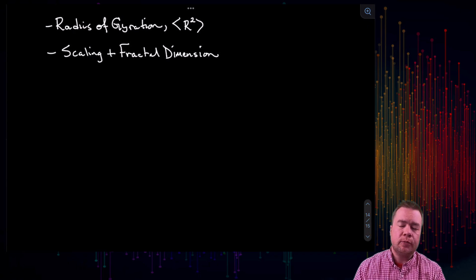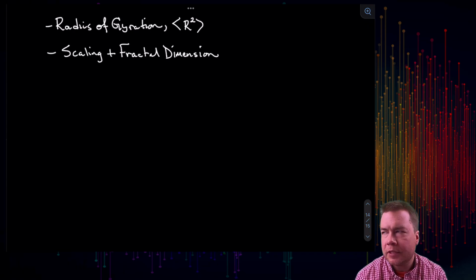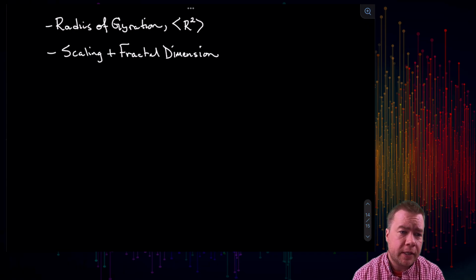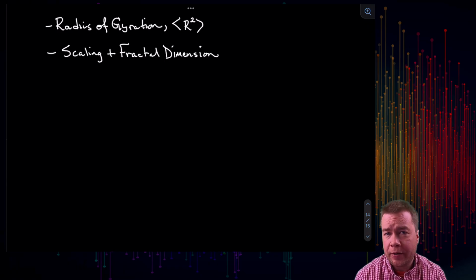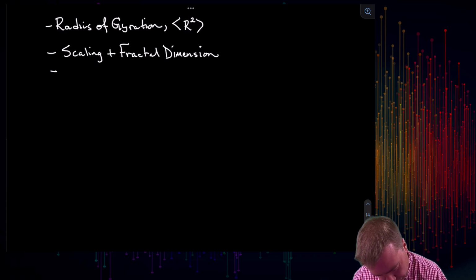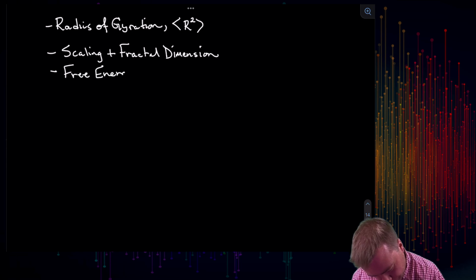So not super important, but, well, I shouldn't say that. It is important, but it's not super important for what we're talking about now. But these are things that show up from time to time, and we'll use them next semester also to kind of compare and contrast the differences between these ideal polymer chains and real things that we work on. And then the very last thing that we'll do in this video is we will construct the free energy.